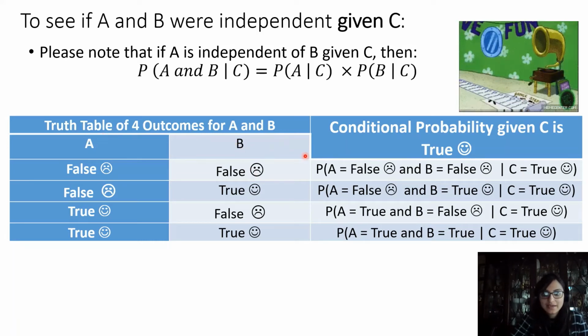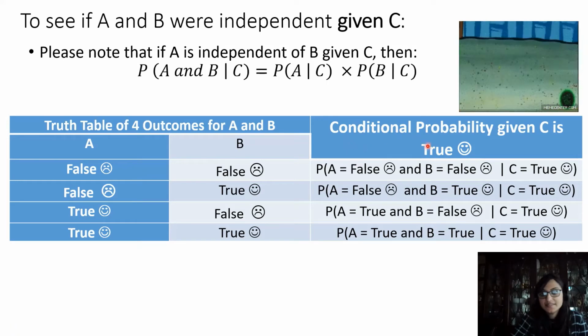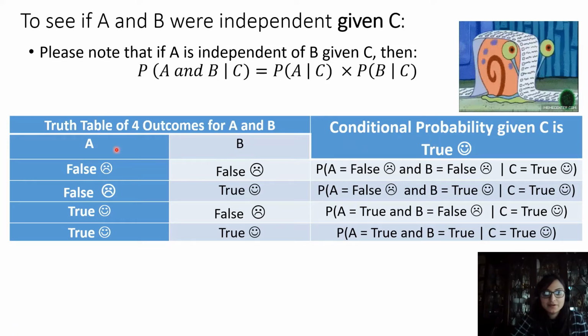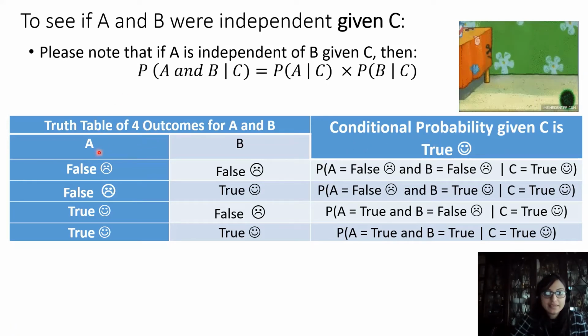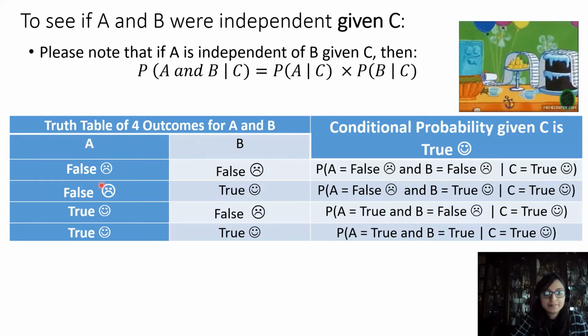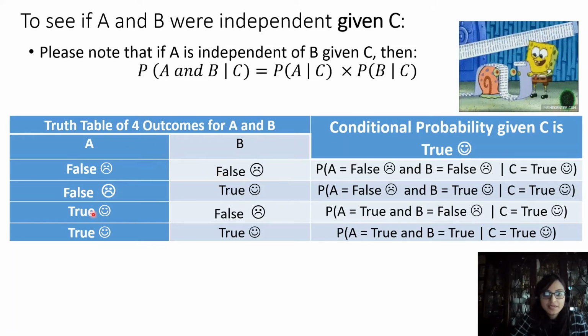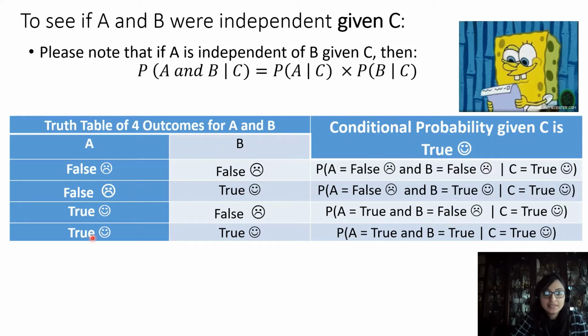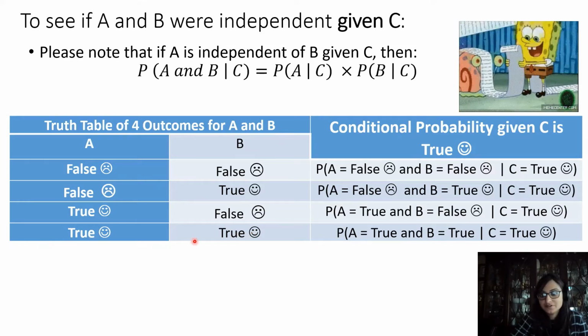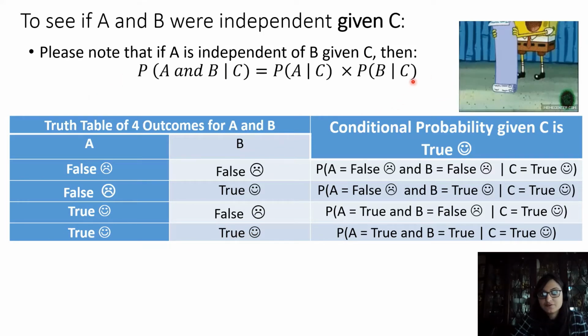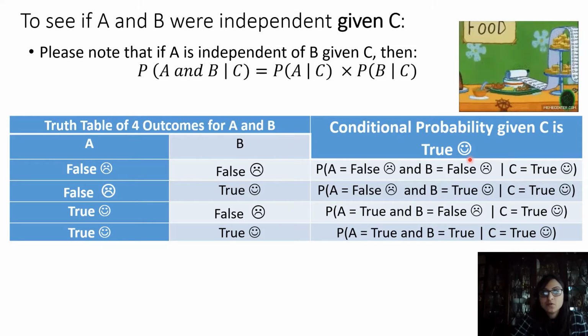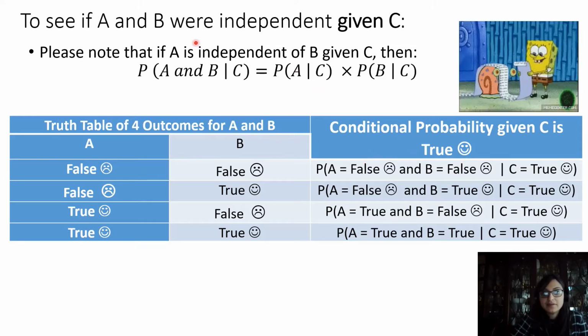So let's say that C is true, then we can have A is false, B is false; A is false, B is true; A is true, B is false; and A is true and B is true. So both of them being true. And then if we look at this formula, we need to calculate this.